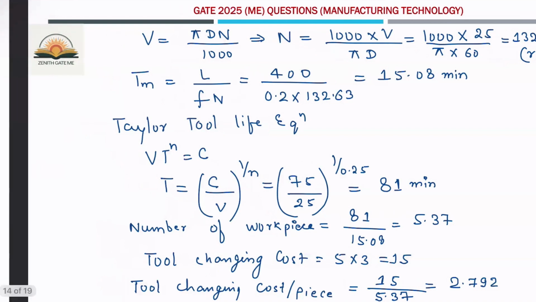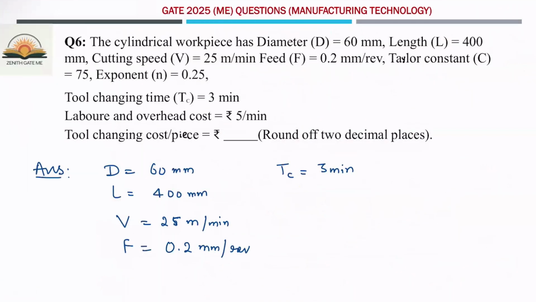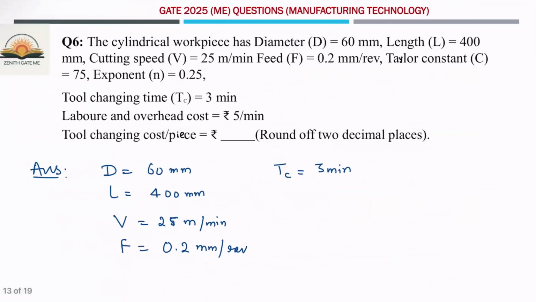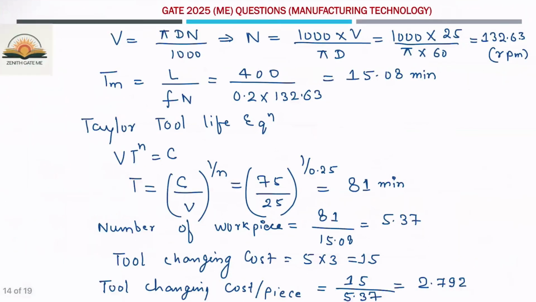Okay, so once you read the question carefully, you have to round off to 2 decimal places. That means the correct answer for this question is 2.79. So the answer is 2.79. Okay, thank you so much.